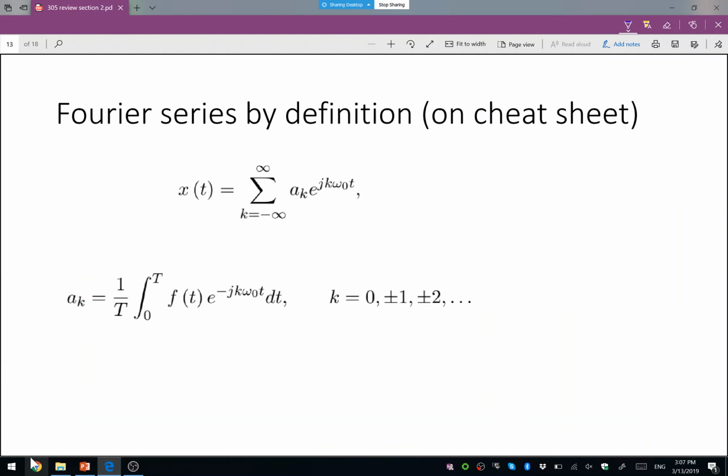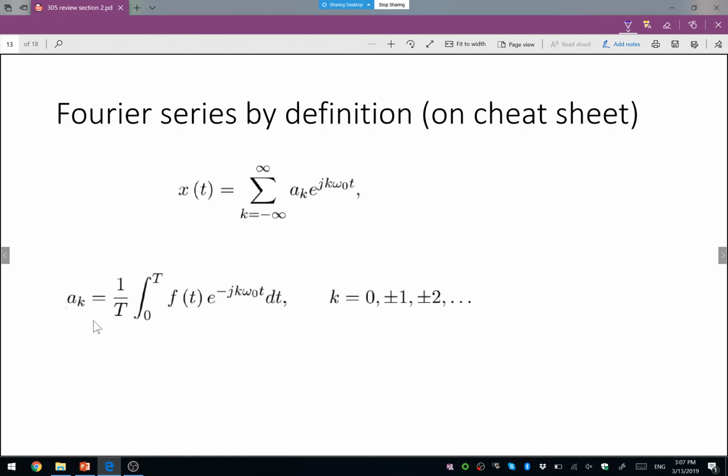Then let's go to the definition. This is a pretty fundamental thing for the Fourier series. First, if you have all the A's, how do you get x(t)? That is transforming the series in the frequency domain back to the time domain, something called synthesis.